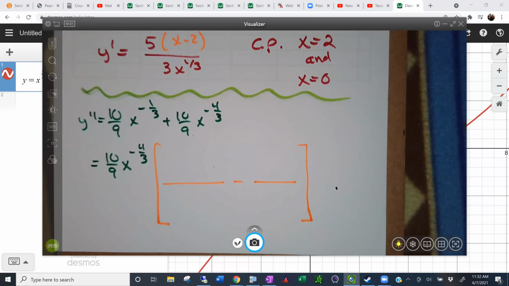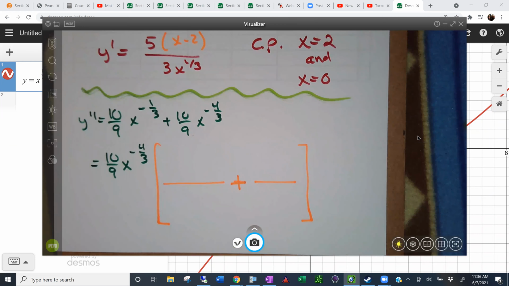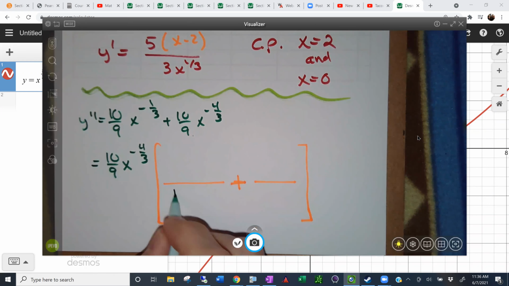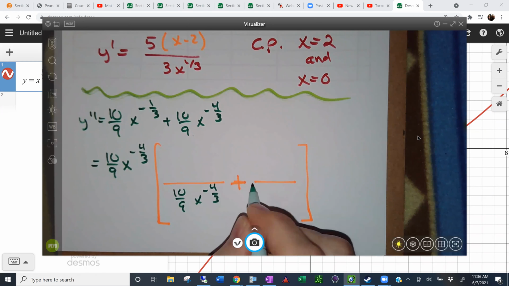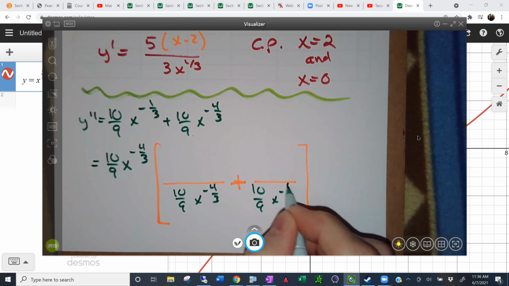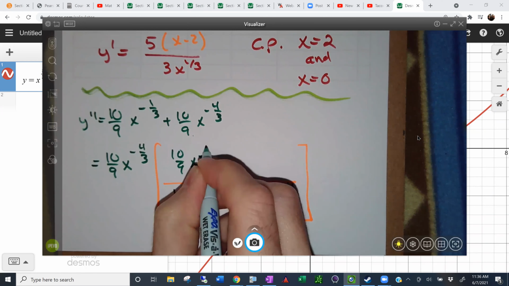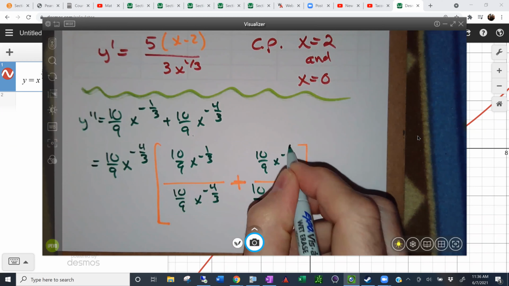This has a plus between these things, so let me put a plus here. This term that I factored out, 10/9 x to the -4/3, goes in both denominators. In the numerator, I've got 10/9 x to the -1/3, and then 10/9 x to the -4/3.